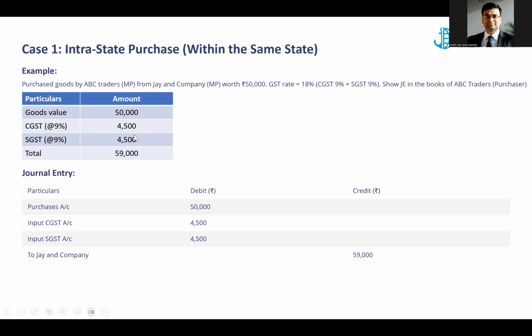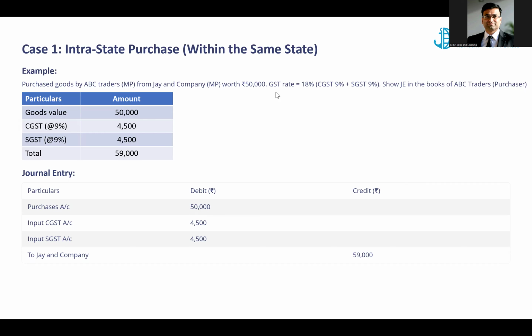CGST and SGST is an input credit which you are going to receive, which you can adjust in future payments. So the input tax credit will become an asset for you. So you will debit input CGST 4,500, input SGST 4,500.